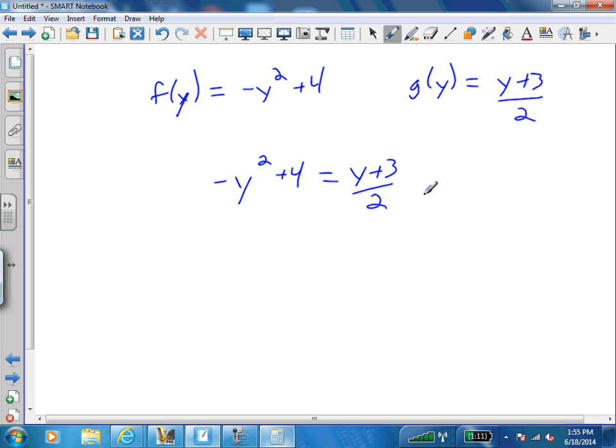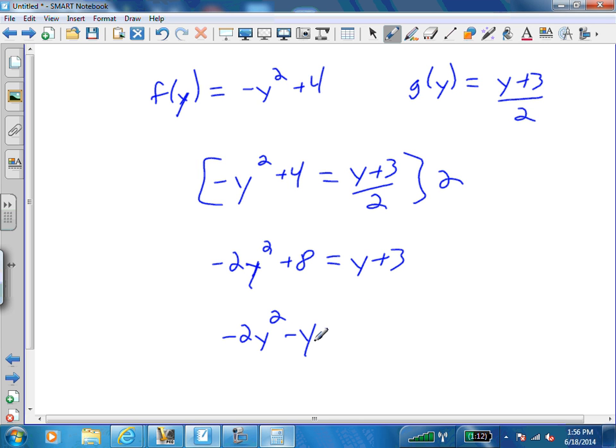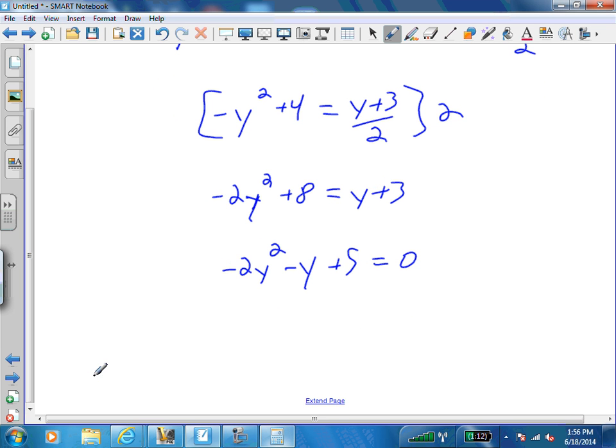We can get rid of the fraction by multiplying both sides by 2 so that those cancel. That's quadratic, so let's set it equal to 0. Subtract y from both sides, subtract 3 from both sides. Unfortunately, that doesn't factor, so we would have to use the quadratic formula.